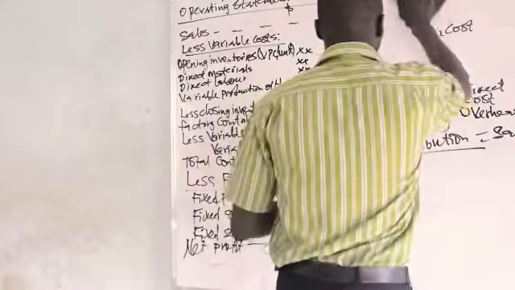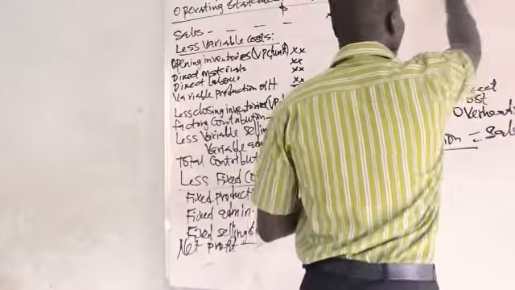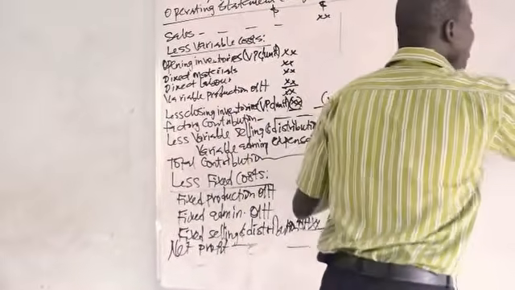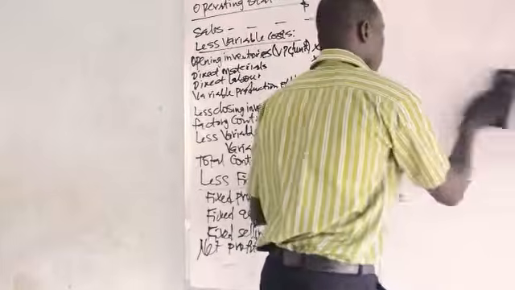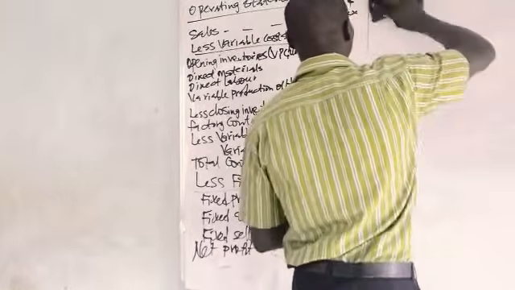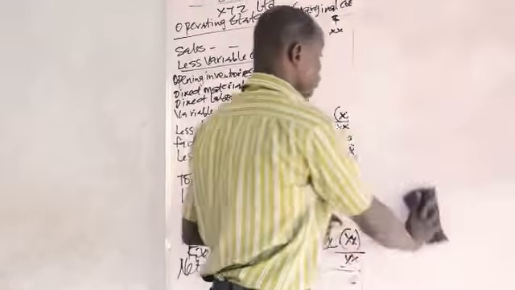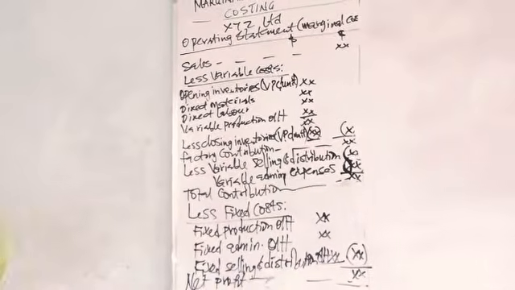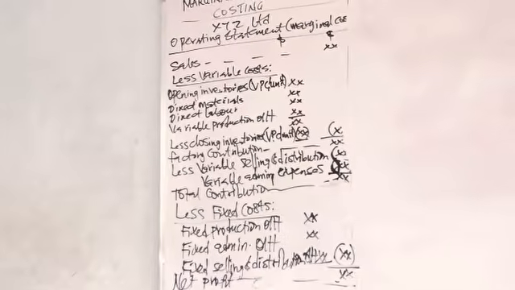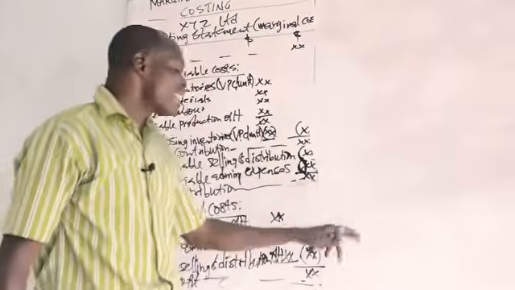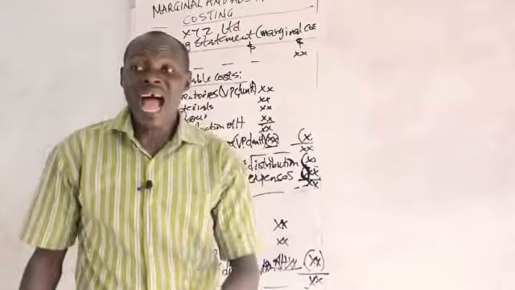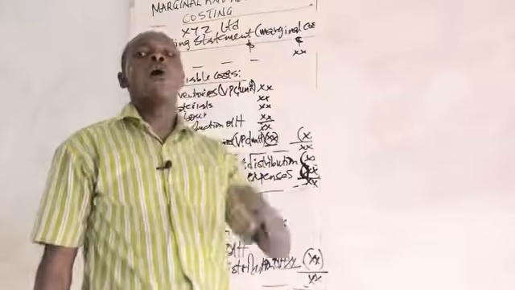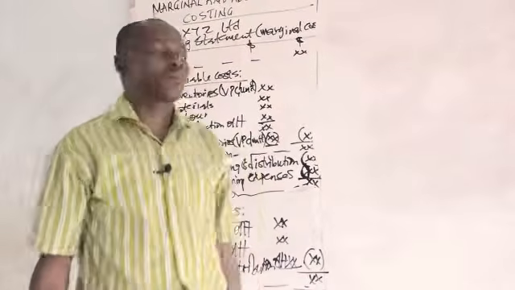Absorption costing. I've told you that there is nothing like contribution in the case of absorption costing. No contribution at all. But I've told you that there will be an under or over absorption.